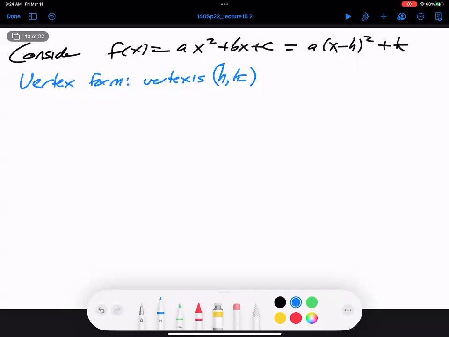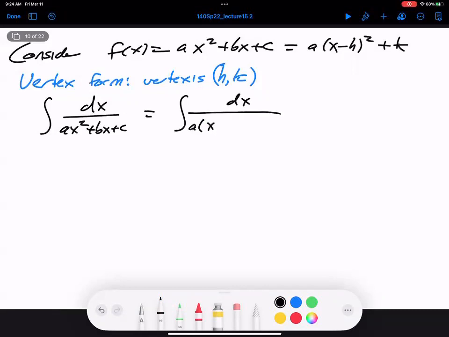Why is this useful? Well, if I have the integral of dx over ax squared plus bx plus c, I can write that as the integral of dx over a(x minus h) squared plus k. And let me just go through the substitutions very slowly.